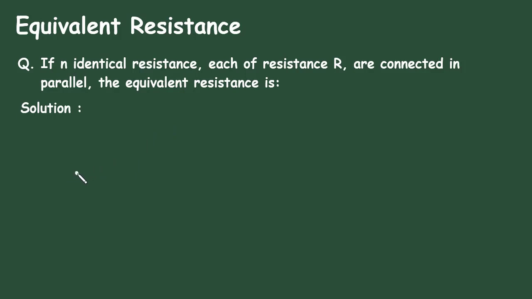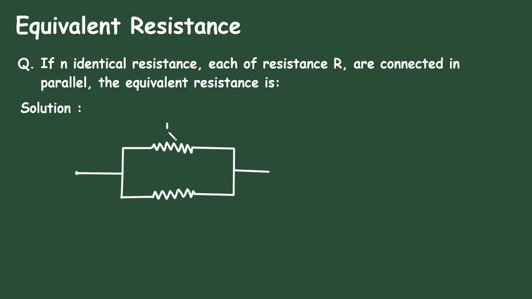So let's start with two resistances. Let's say two resistances of R ohm are connected in parallel. So here we can see these are the two resistors of R ohm connected in parallel. So this is R ohm and this is also R ohm.